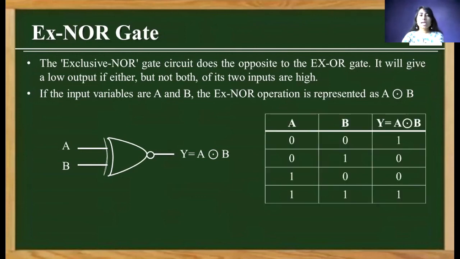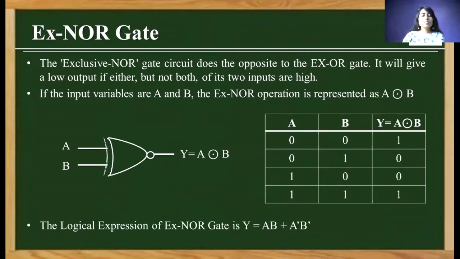Here is the characteristic of the XNOR gate. Whenever both the inputs are the same, that means for input condition 0, 0 and for input condition 1, 1, we have a high output 1, and for the other conditions we have a 0 output, exactly opposite of XOR. 0 XNOR 0 is 1, 0 XNOR 1 is 0, 1 XNOR 0 is 0 and 1 XNOR 1 is 1.